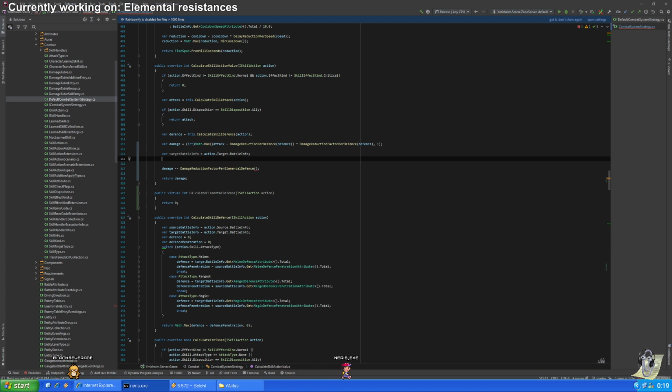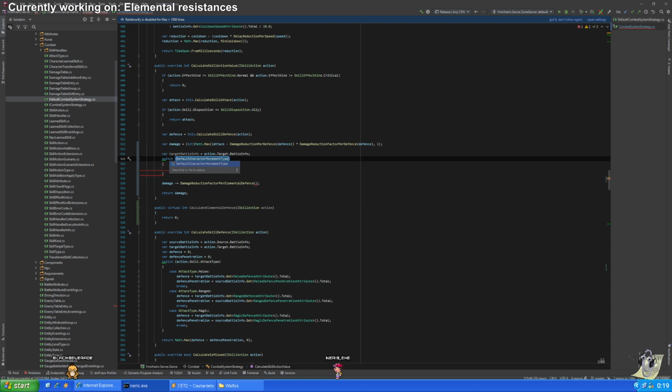So I need to get the corresponding elemental resistance attribute. So it's gonna be switch action, set action, scale attribute. Is it enum or not?